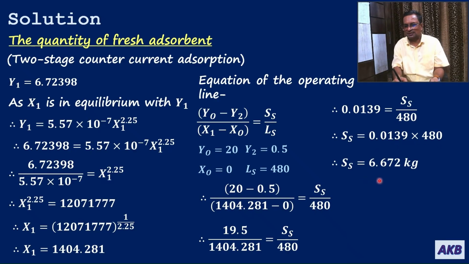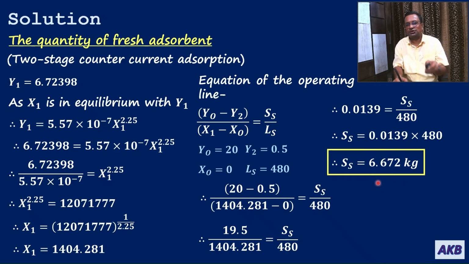That is, SS is equal to 6.672 kg. And that is the quantity of adsorbent that is required in a two-stage counter current operation. Again, you can compare this value with the value that was obtained in part number 19, where I had solved the numerical graphically. So in this way, we complete this task, the task of getting the quantity of fresh adsorbent that is required in the operation.